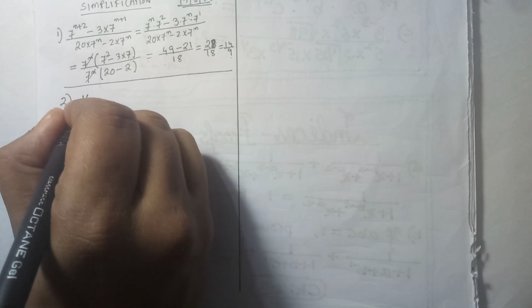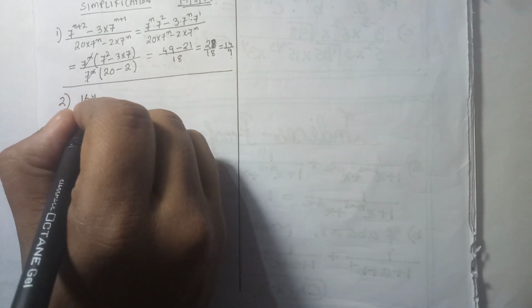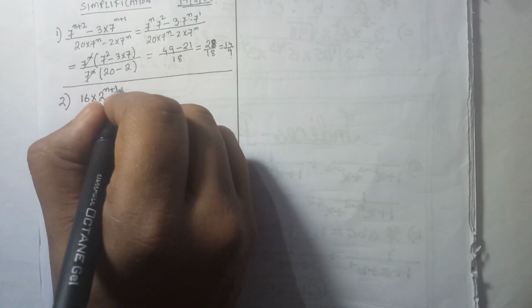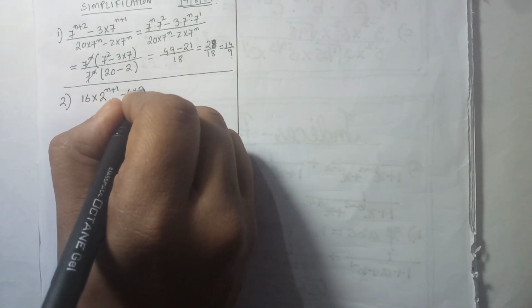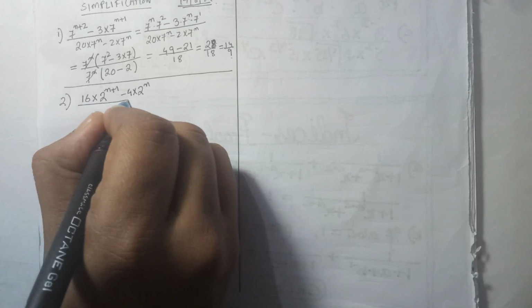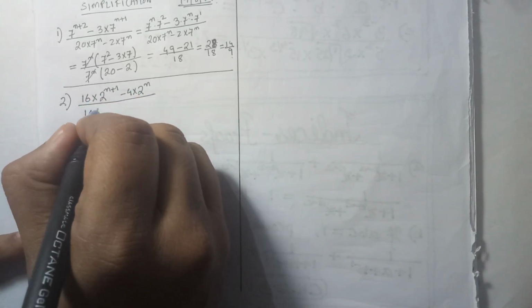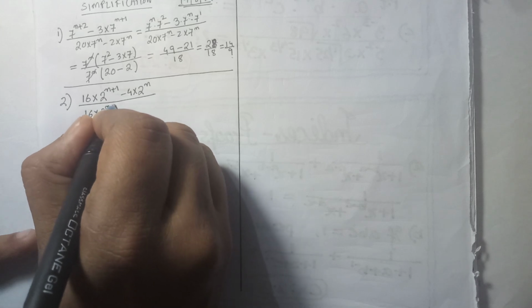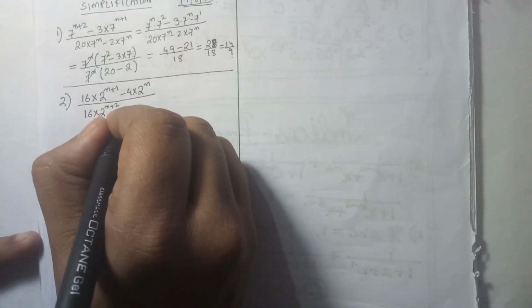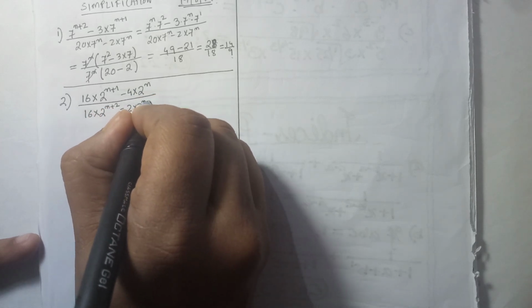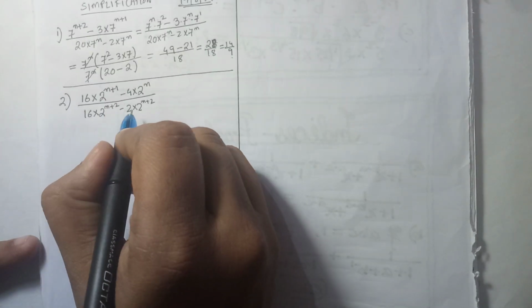Moving to the next one, similar type, only you all do with me when you are copying in your notebook. So 16 into 2 to the power of n plus 2 divided by 2 to the power of n plus 2, right?